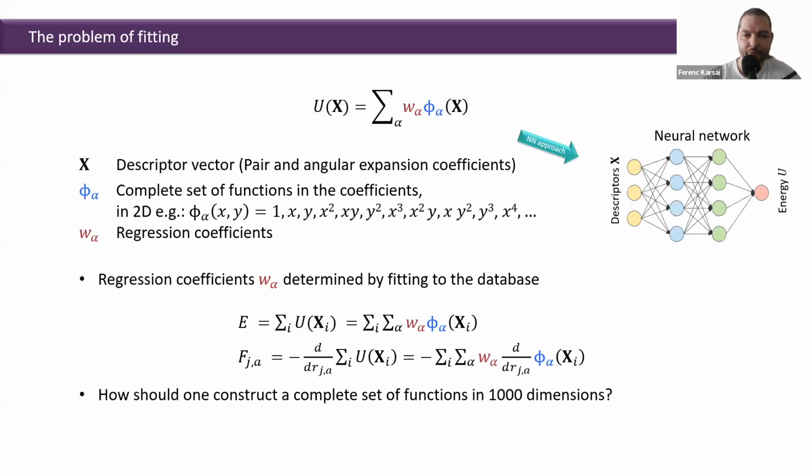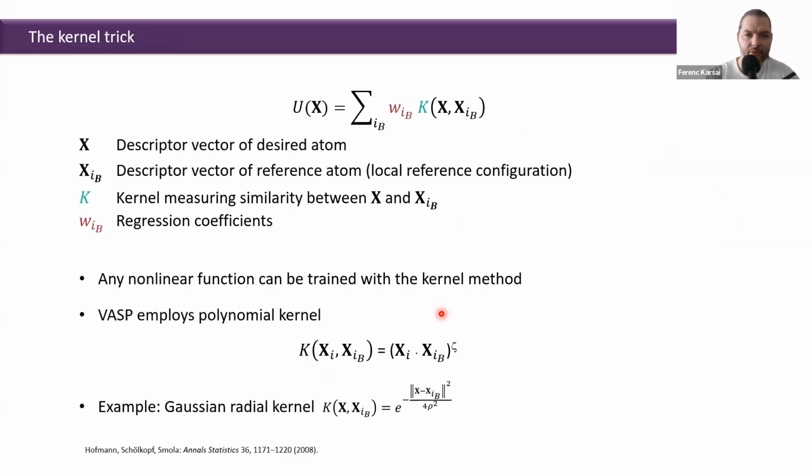This is of course not feasible, so we have to come up with a solution. And one solution is the so-called kernel trick. So instead of a huge set of functions, we build a kernel that allows us to compare the current environment of interest to previously determined environment, so current environment X to previously determined environment XIB within this kernel function K here.